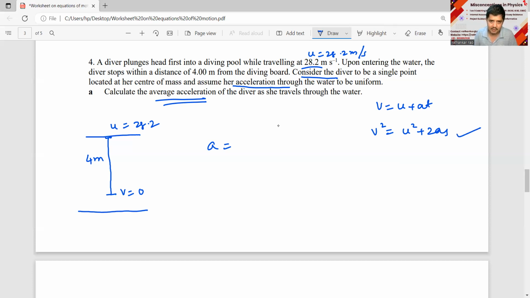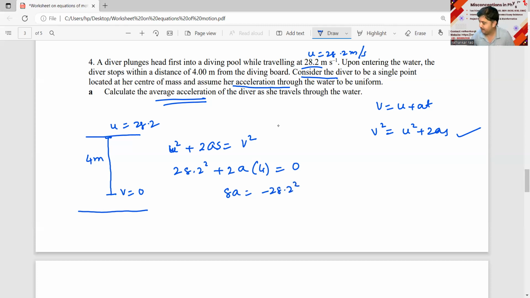So, therefore, 2as plus u square is equal to v square. Now u square, what is u square? 28.2 whole square, meter per second, plus 2 into a. What is a? A is what you need to find. I do not know. What is the value of s? 4 meters. This should be equal to 0. So thus we have 8a is equal to minus 28.2 whole square.